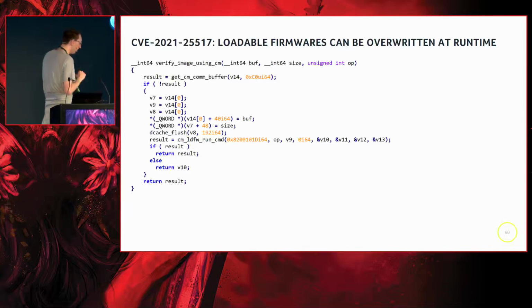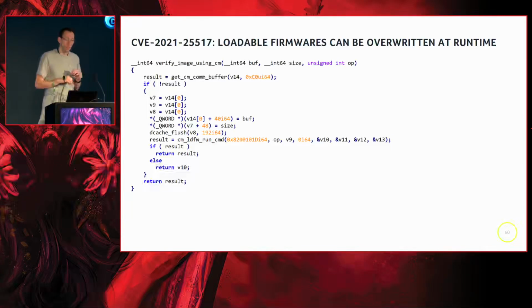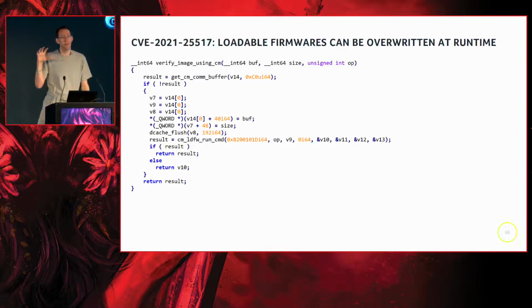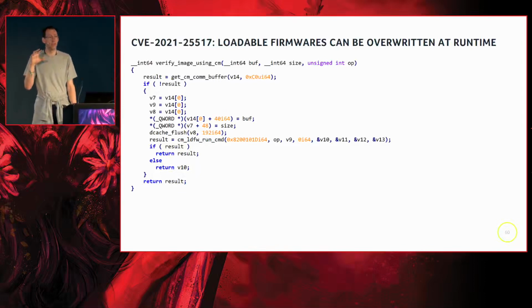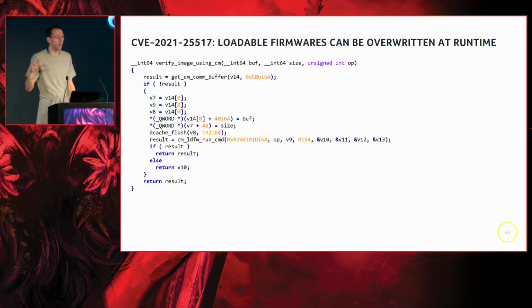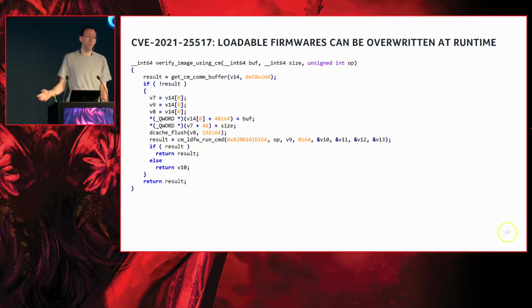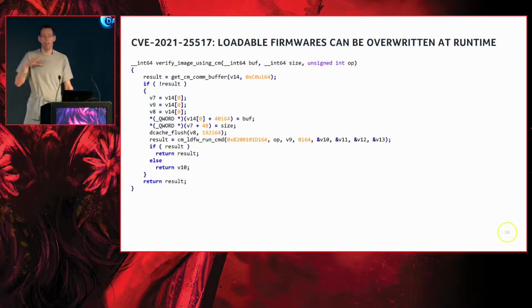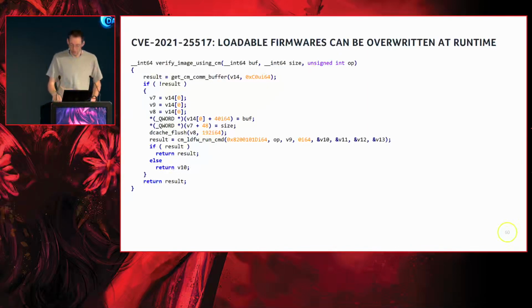If you load the loadable firmware for the first time, we were verifying it using BL31. But if we had the loadable firmware already loaded, we were verifying it using the crypto manager. And the crypto manager is a loadable firmware. So if we overwrite the loadable firmware, what code is doing the verification?